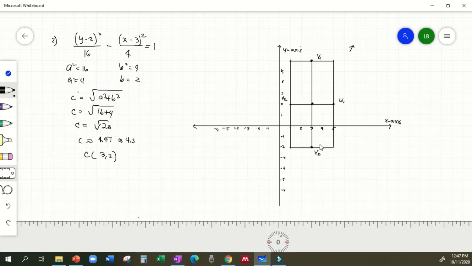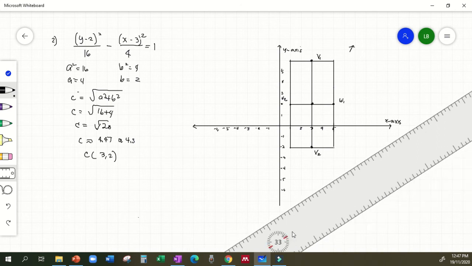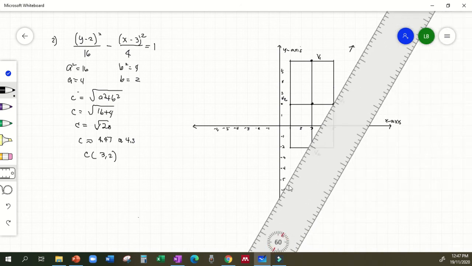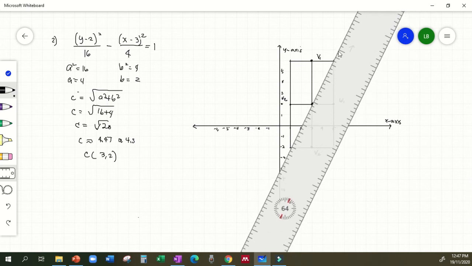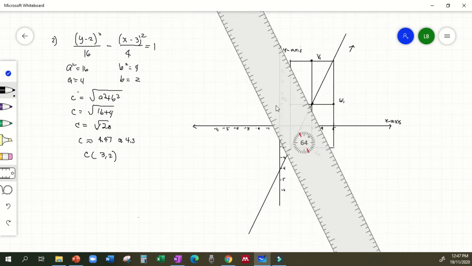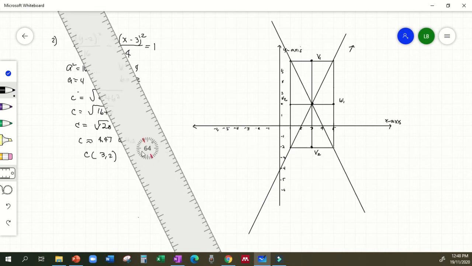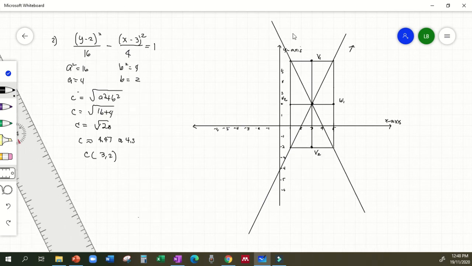So, itong ating transverse axis, conjugate axis, ito yung ating auxiliary rectangle. And let us draw the asymptotes. So, ito yung ating asymptotes.